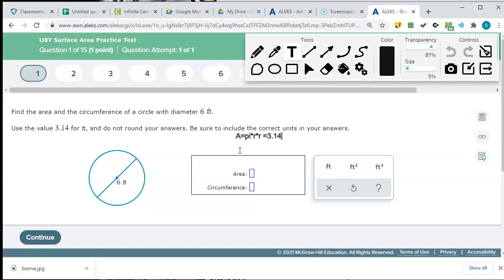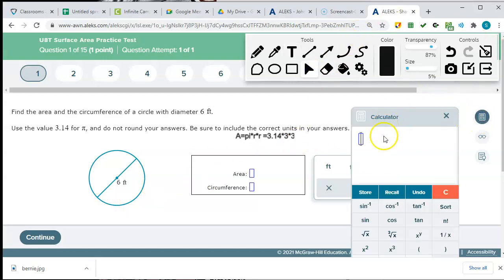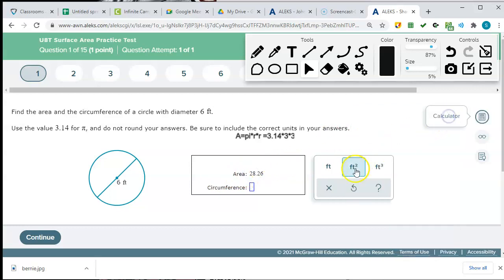Now we need the radius and it gave us the diameter, so we need to multiply by 3 and by 3. Now in this problem they let us use a calculator, so I'm just going to pull up the calculator and do 3.14 times 3 times 3. And I get that my area is 28.26. And let's not forget units. Area is square feet.